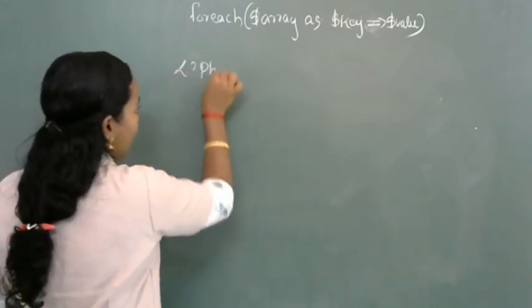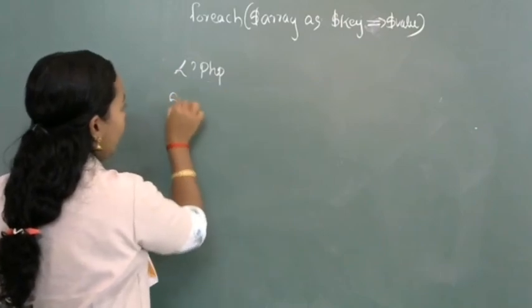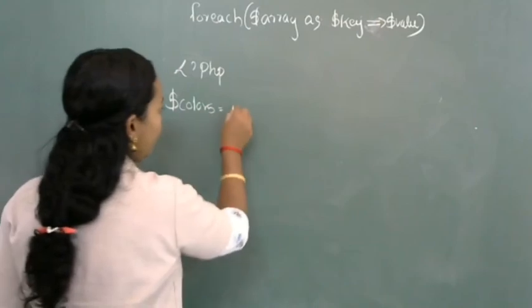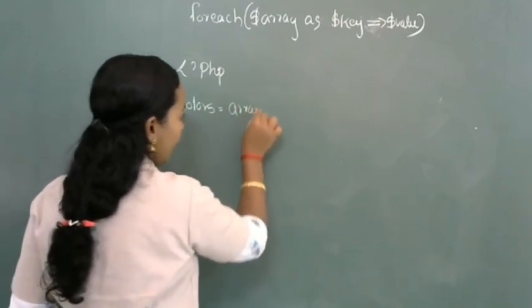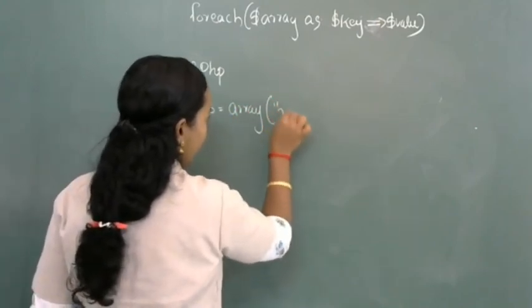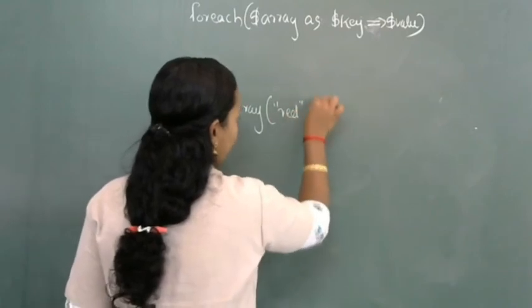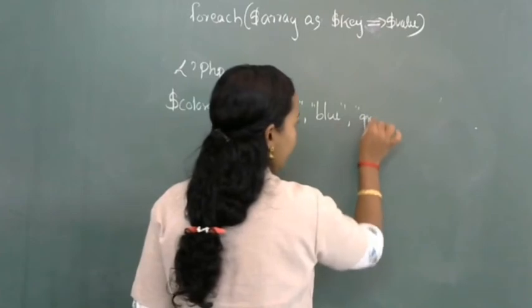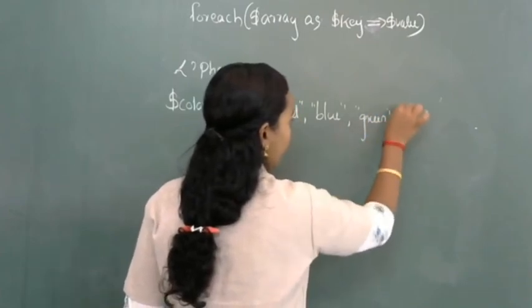Open PHP, array name $colors is equal to array, first element red, blue, then green, yellow.